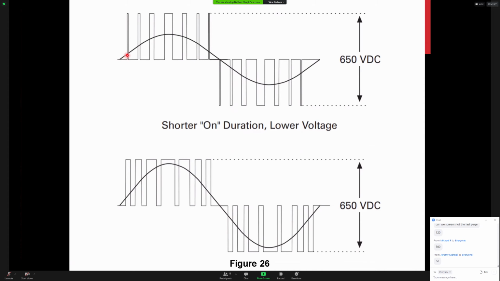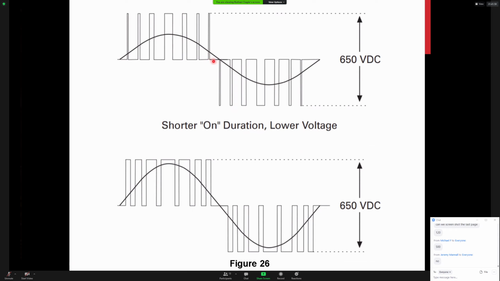And notice that this line here is the voltage we're attempting to simulate. So where the voltage is low, we switch on and off, but very quickly. And then there's a bit of a gap. As we work towards the peak of the waveform, notice how our pulses are getting thicker. Right at the peak is where the widest part will be, and then our waveform starts to go down.